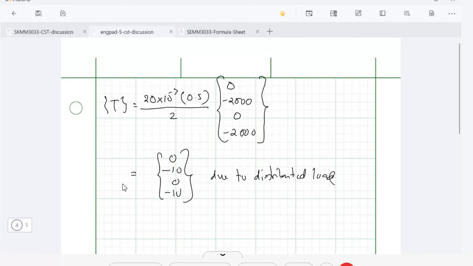Okay, so this is my thickness, this is my length. And if you look at this uniform loading, the total loading here is, it's not 20, it's 2 kilonewton.